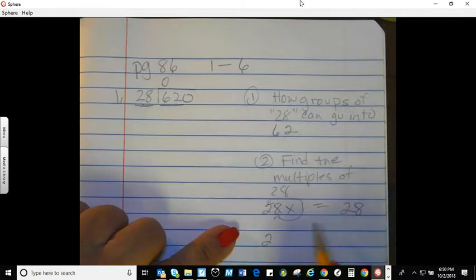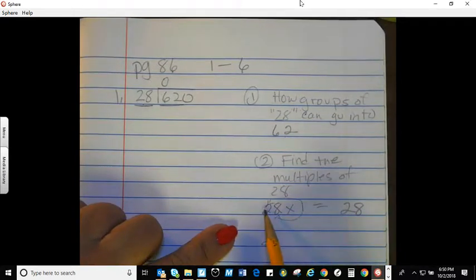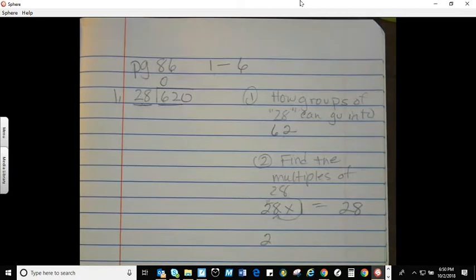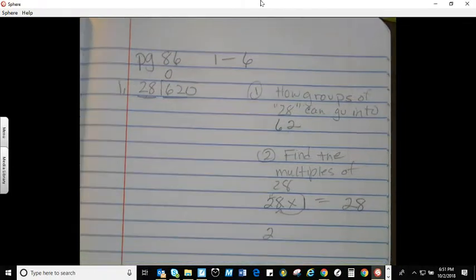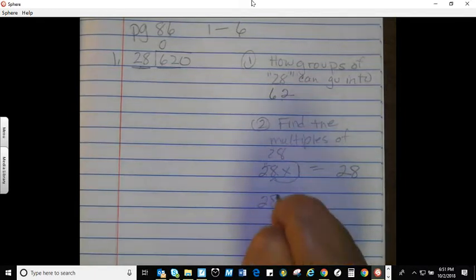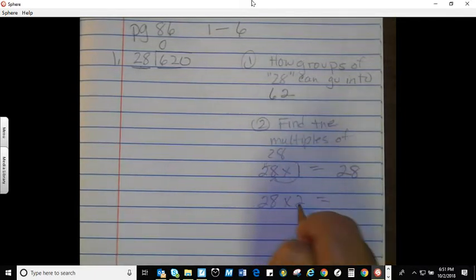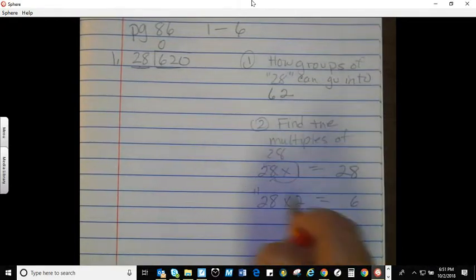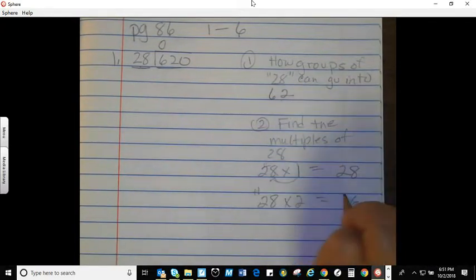I did that so that you'd understand how I was cross-multiplying on this one using the equation across. It only works best with 2 digits by 1 digit. When you do 2 digit by 2 digit, it's a little more complicated, so I'd rather you just do it standard algorithm going up and down. 28 times 2. 2 times 8 is 16. Regroup my 1. 2 times 2 is 4 plus 1 is 5.